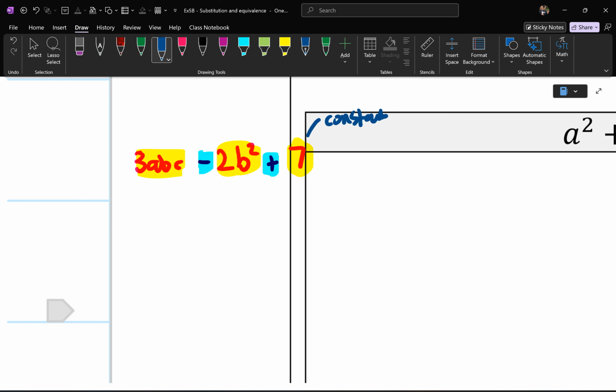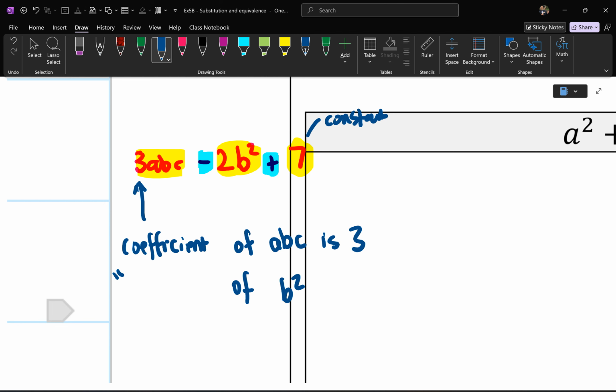Then the last term is called coefficient. If I want to say the number 3, I would say coefficient of what? Very good. Coefficient of abc is 3. What is the coefficient of b squared? Very good.